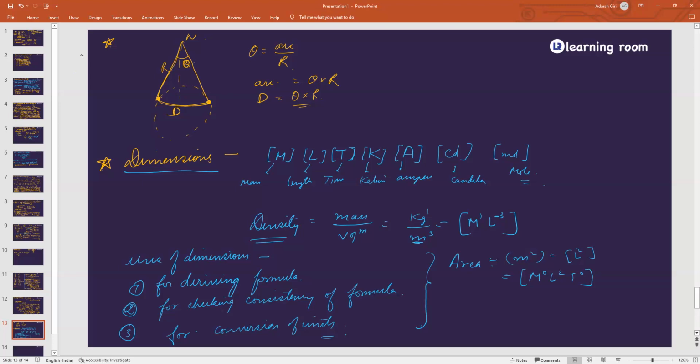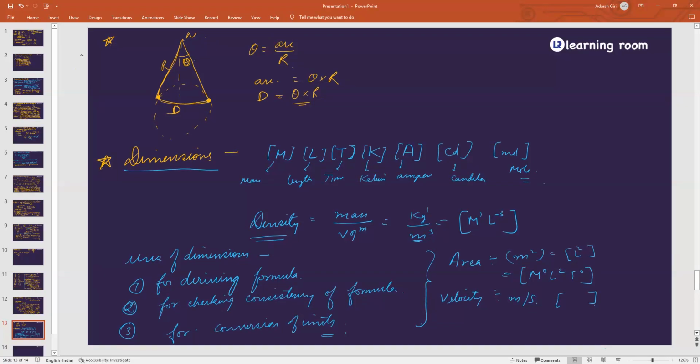Velocity. Akhil, tell me for velocity. I don't want that nodding head. I want the answer. Unit is meter per second. Now tell me. See from here, convert it from here and tell me the value. That's easy. If it is meter, meter is for what?